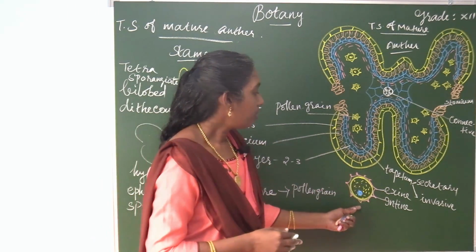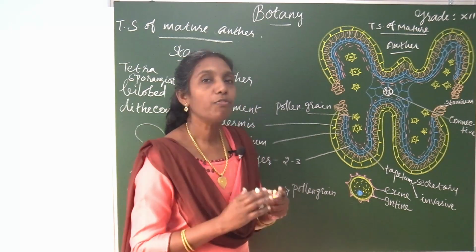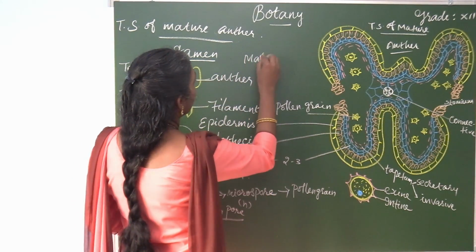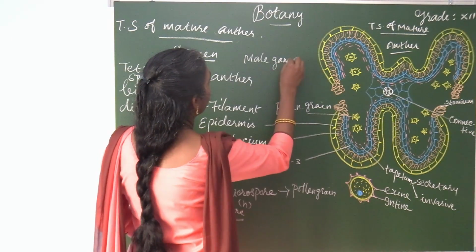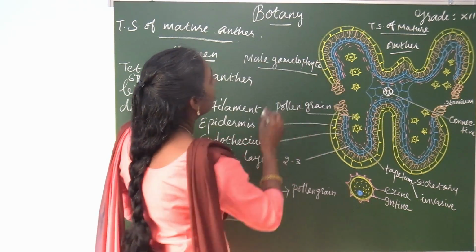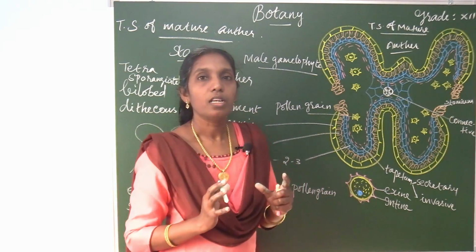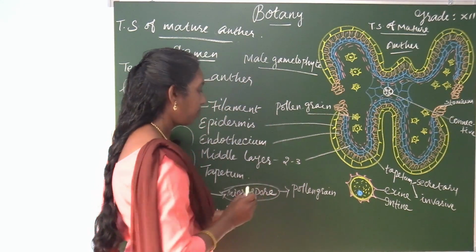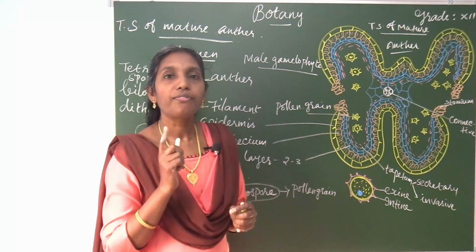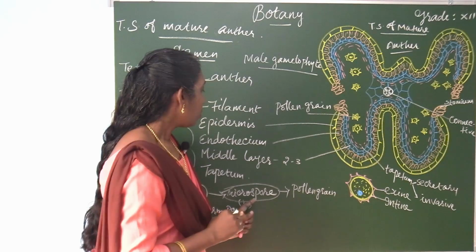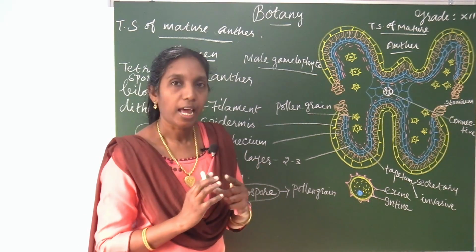Now let's learn the development of male gametophyte. The first cell of male gametophyte is called microspore. Microspore is haploid.